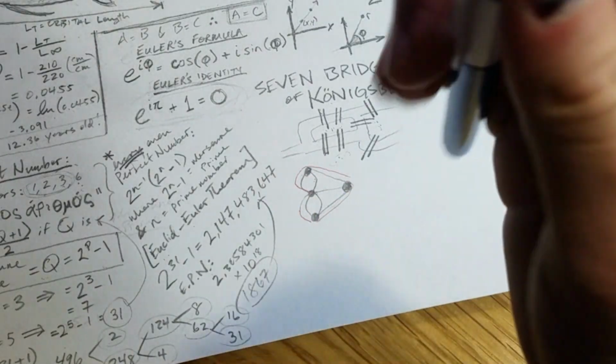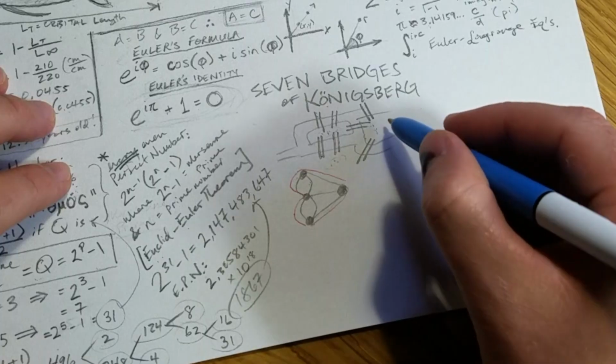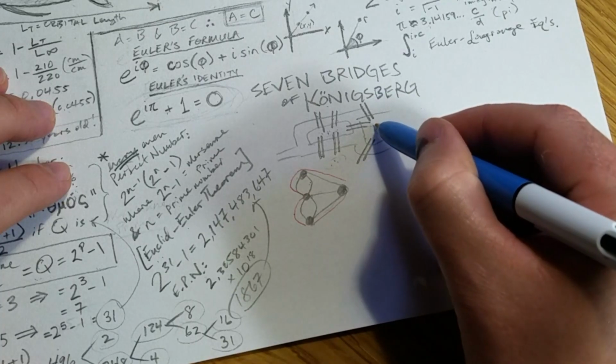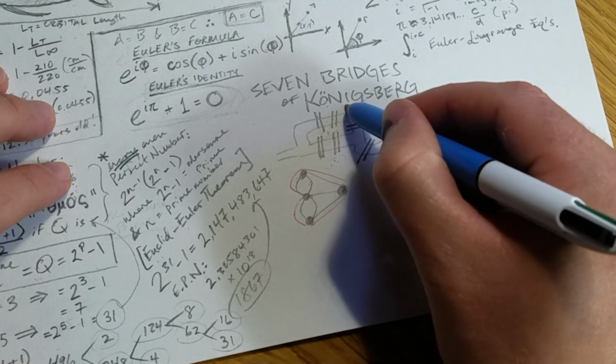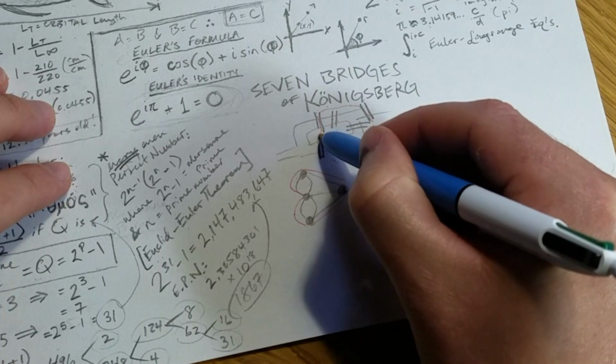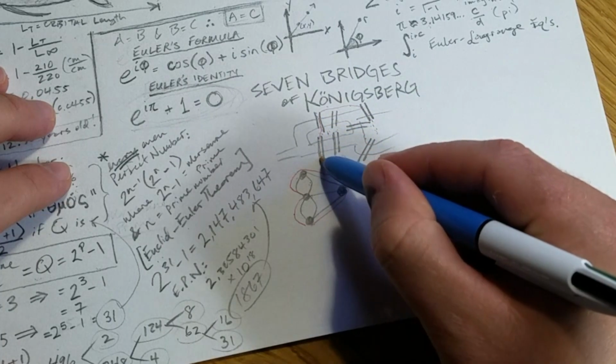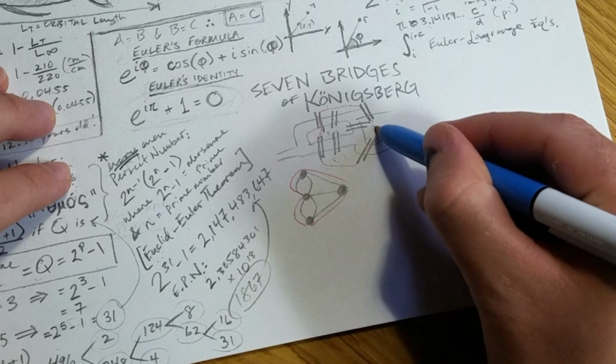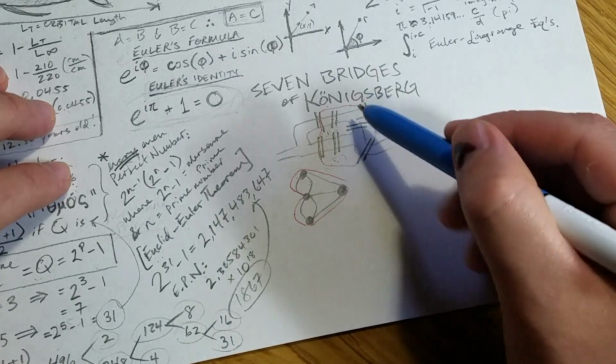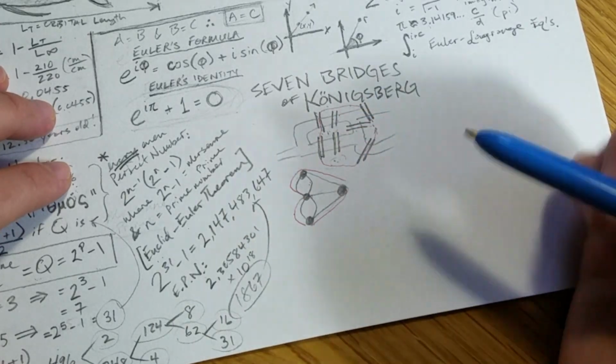So if I switch colors, that would look like this. 1, 2, 3, and then 4. So I didn't go across this and this bridge.